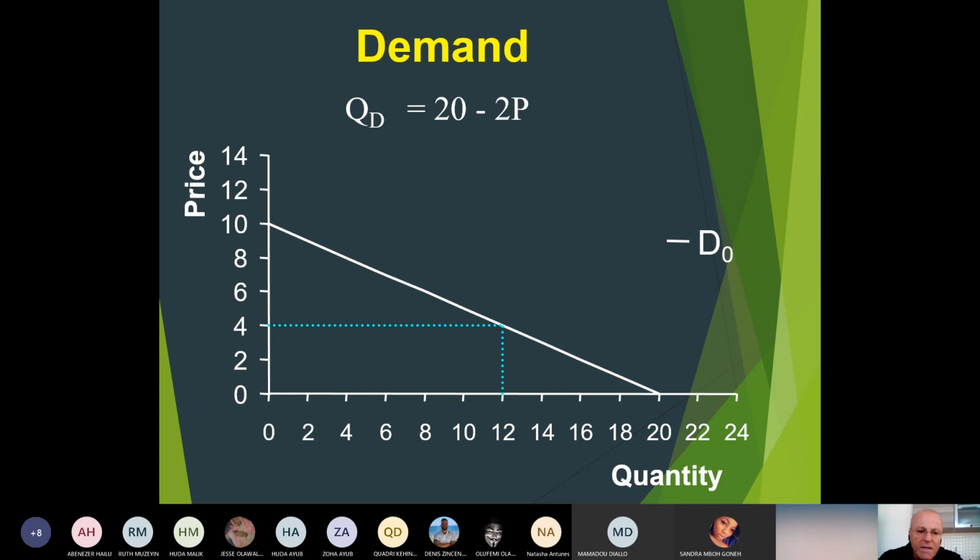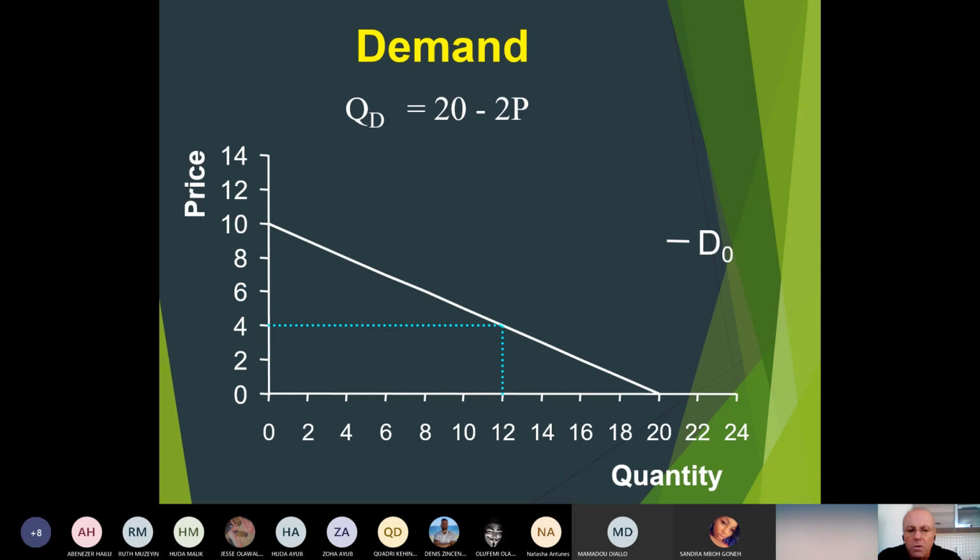At the given point the price is 10, where the quantity is 0, which means this is the highest price for this product, at which consumers will not buy any quantity.